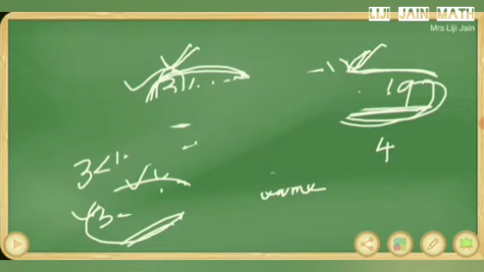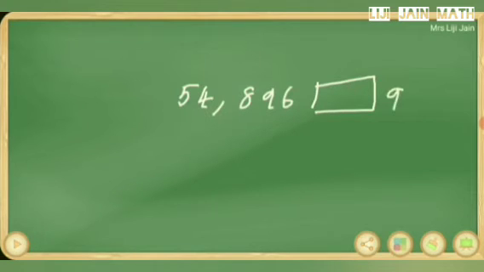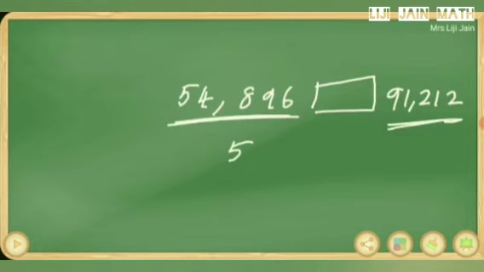Okay, now let's consider one more. 54,896, and the second number is 91,212. How many digits are there in this first number? 5 digits. What about the second number?